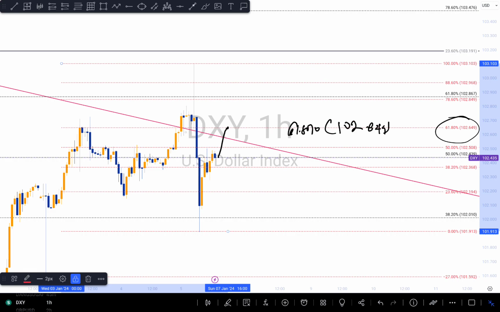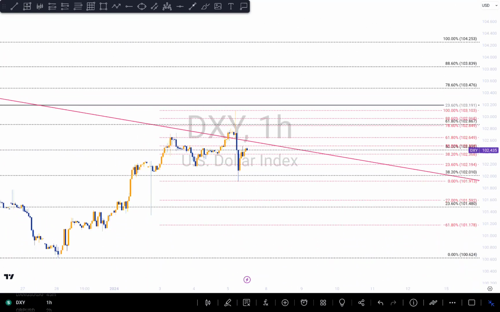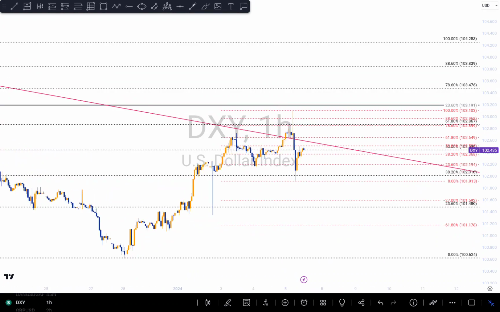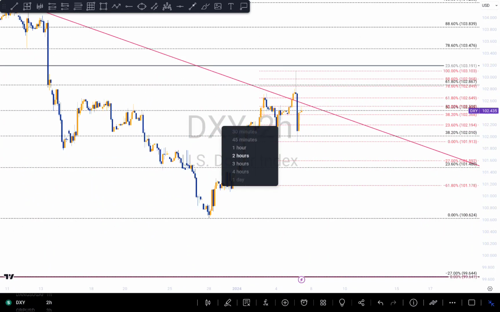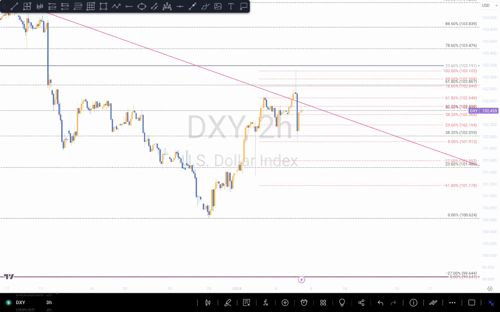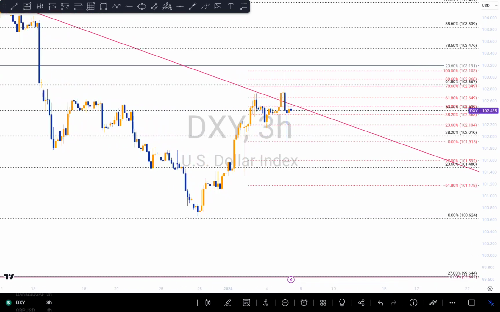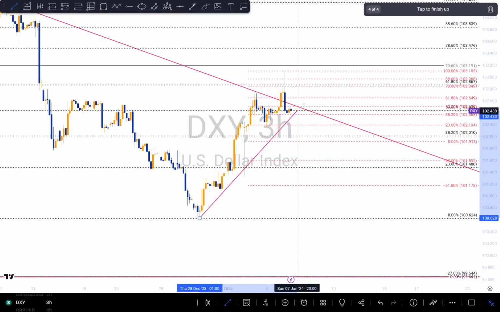We might push up a little bit because we have this break of structure around here. We might push up there before we continue to tank to the downside. And I can also draw a trend line right here.